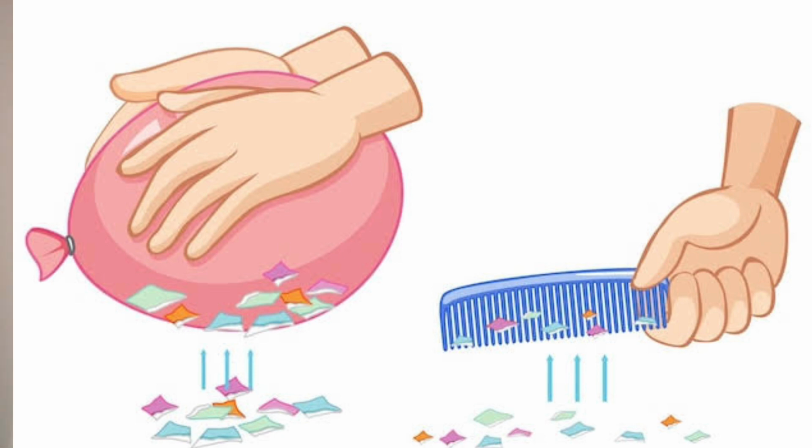If I rub like this, there will be a disturbance of charges between these two, and that way this charge can attract the bits of paper due to the disturbance in the charges.